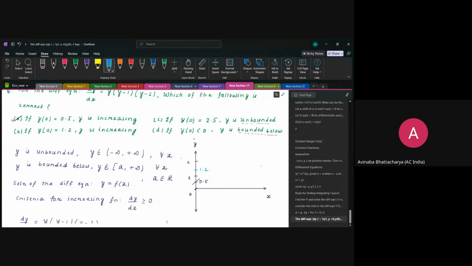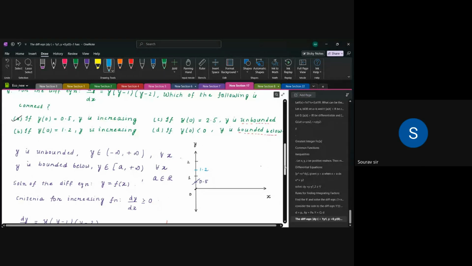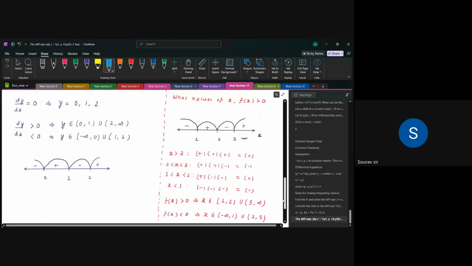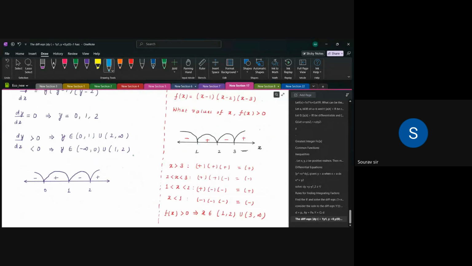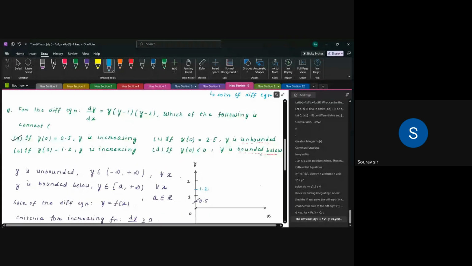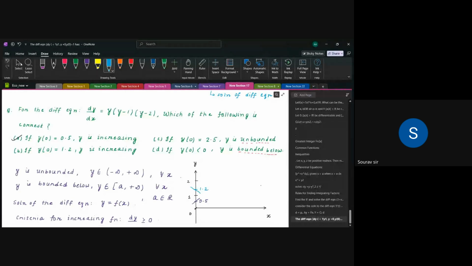No, right? Because 1.2 means we are talking about y belonging from 1 to 2, and there dy/dx is negative, right? Correct. So the curve will look something like this. Whatever it is, it will look negatively sloped, right? So option B is out. What about option C?